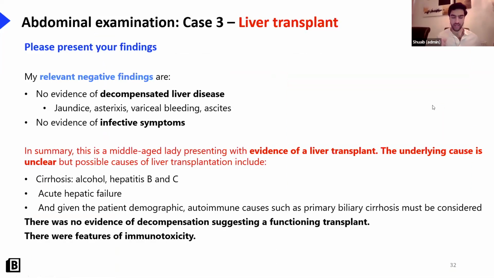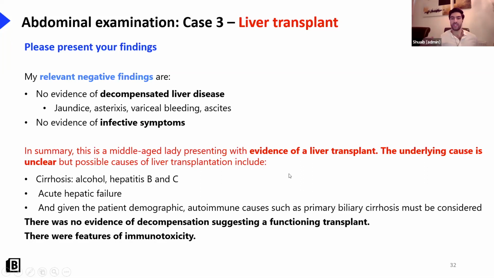In summary, this is a middle-aged lady presenting with evidence of a liver transplant. The underlying cause is unclear, but possible causes of liver transplantation include any cause of cirrhosis and any acute hepatic failure. And given that this is a middle-aged female, so I don't think I told you that earlier, we need to think about autoimmune causes, such as primary biliary cirrhosis.